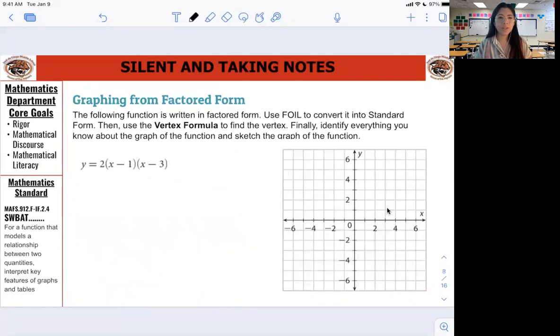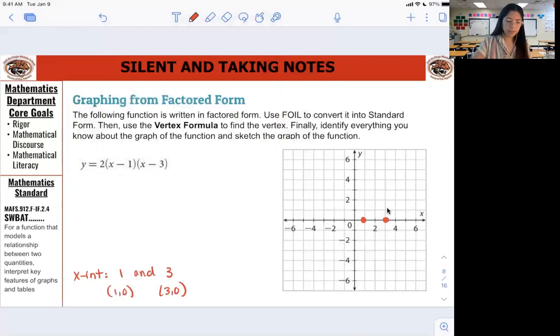The first thing I'm going to do is graph the x-intercepts like normal. That's the easy part. What are my two x-intercepts? 1 and 3. So 1 comma 0 and 3 comma 0. Here and here.